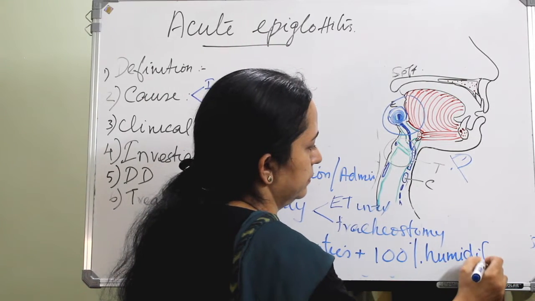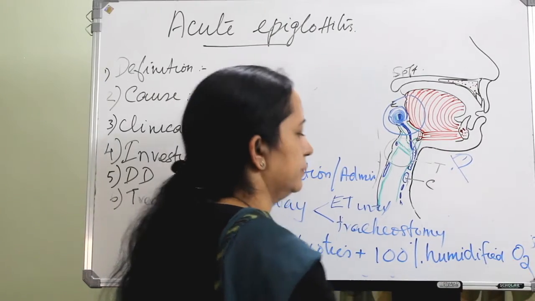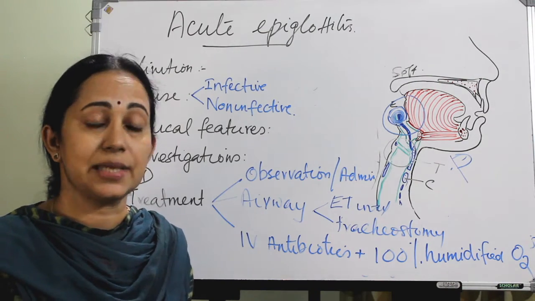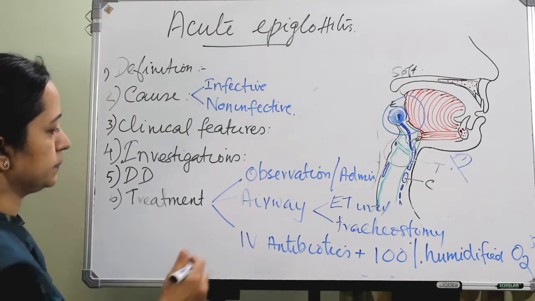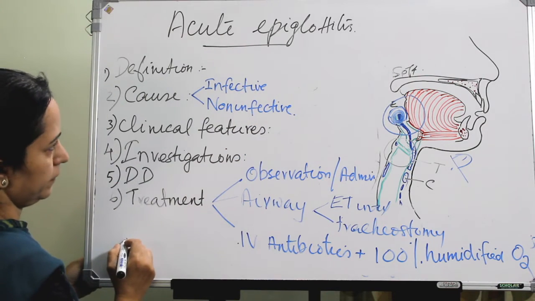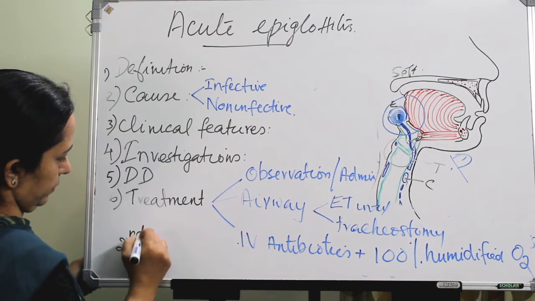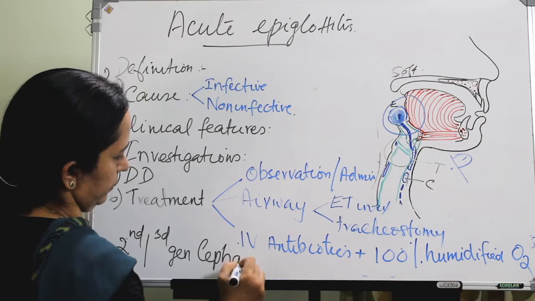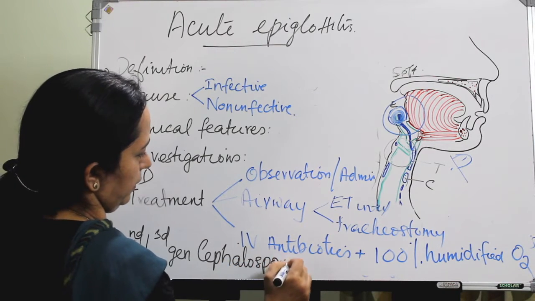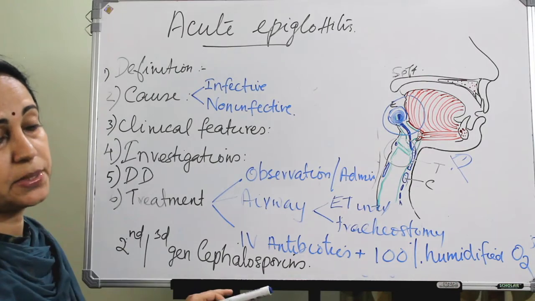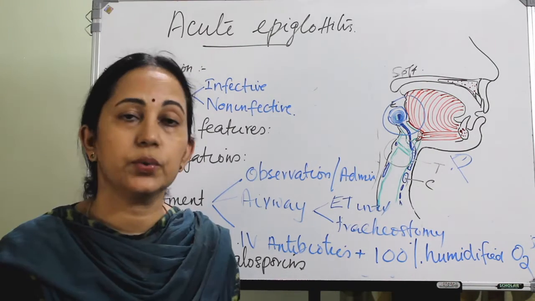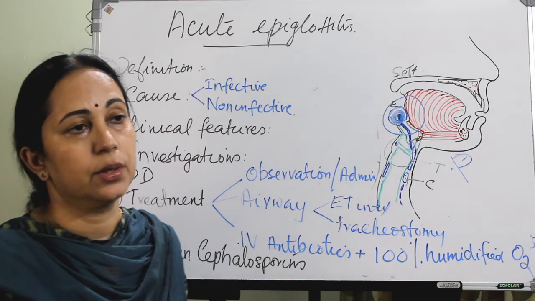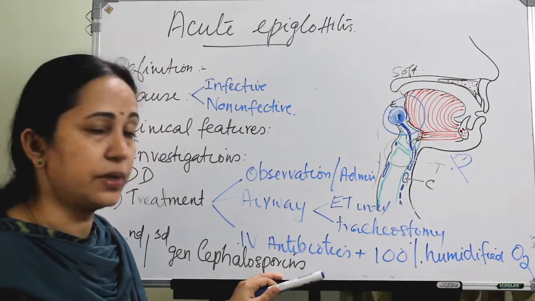The drug of choice is second or third generation cephalosporin, and the preferred one is ceftriaxone. Can also give ampicillin sulbactam, or if the patient is allergic to this, chloramphenicol can also be given.